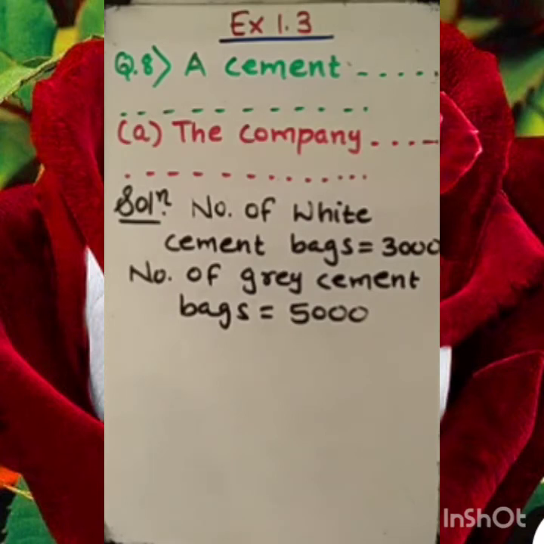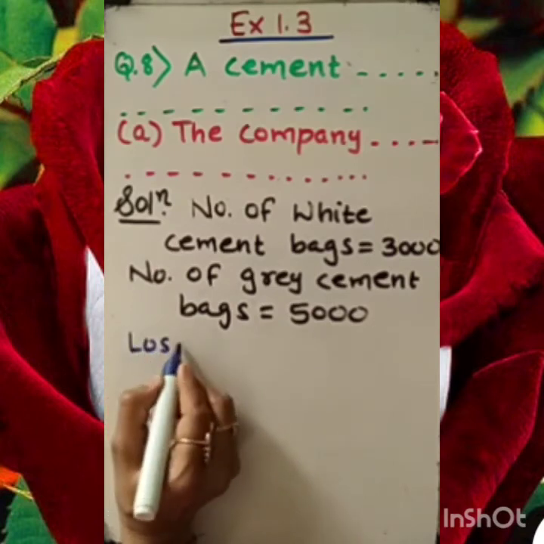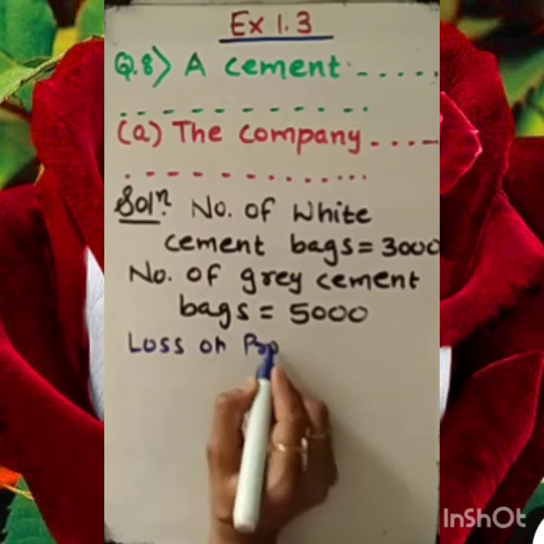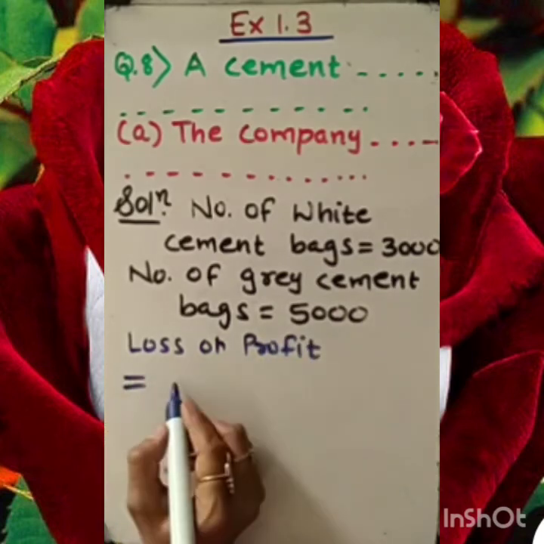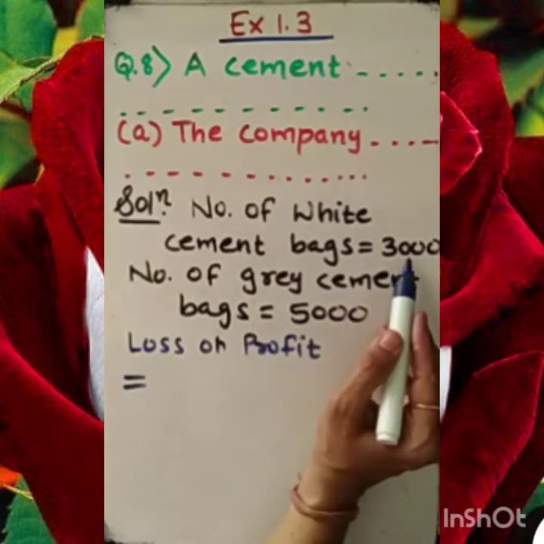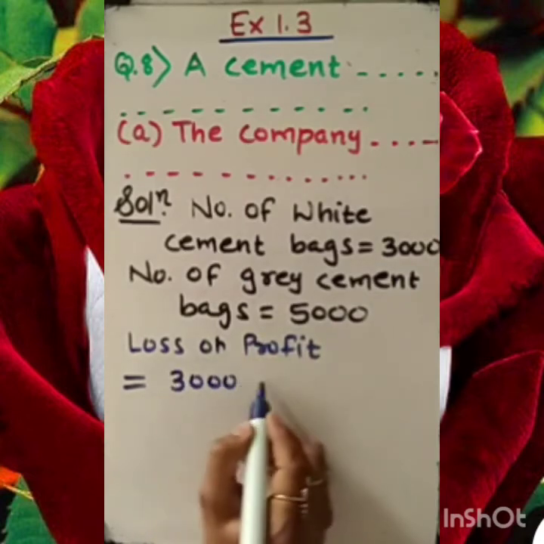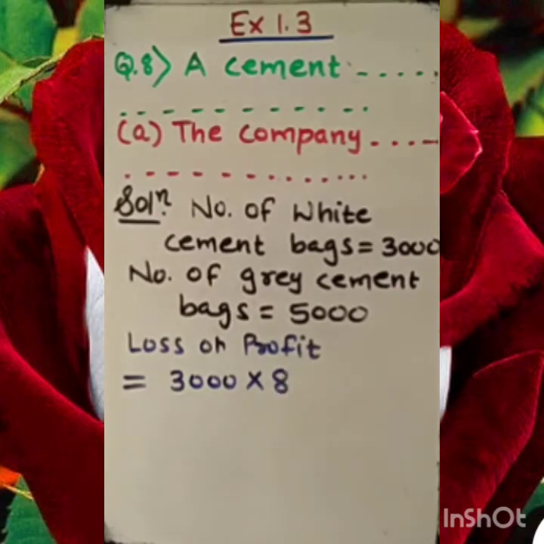Now what is its loss or profit? How can we decide? It depends on the answer, so let's work out. We know that for white cement it is gaining a profit of 8 rupees per bag. So 3,000 bags will be multiplied by 8, because here it is profit.